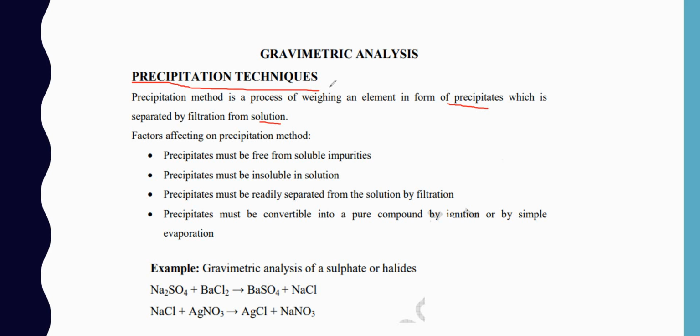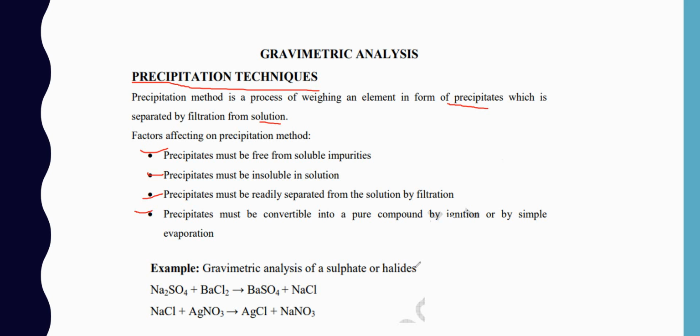Factors affecting the precipitation method: the precipitate must be free from soluble impurities, must be insoluble in solution, must be readily separated from the solution by filtration, and must be convertible into a pure compound by ignition or by simple evaporation. So these are the basic requirements for a precipitate.